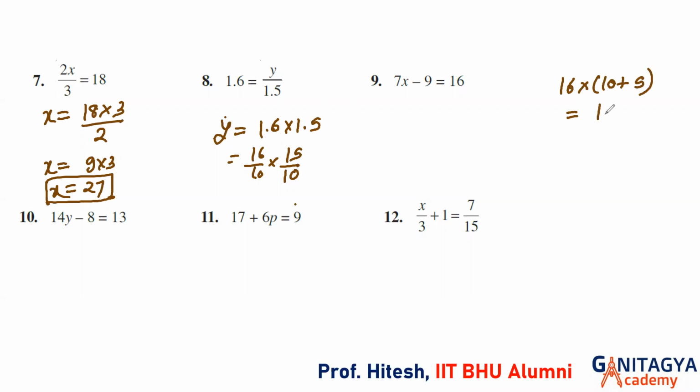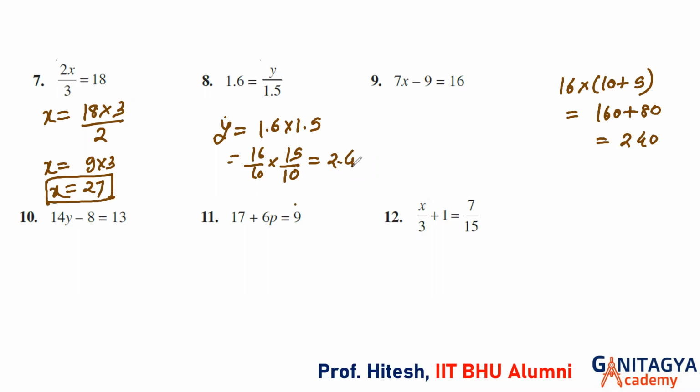So I will write it 160 plus 80. So this is nothing but 240 and divide by 100. So this answer will be 2.4. Understood? Any doubt? Please let me know. Chaliye. This much done. 2.4 is there.